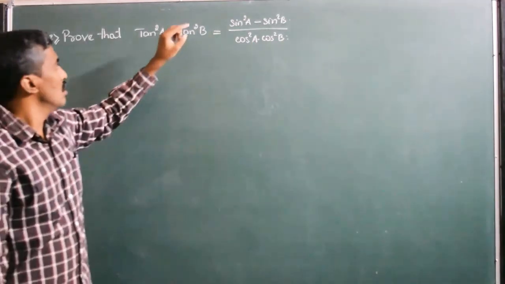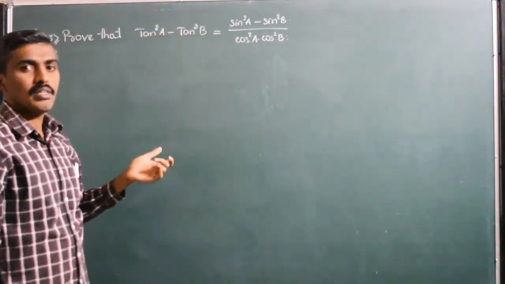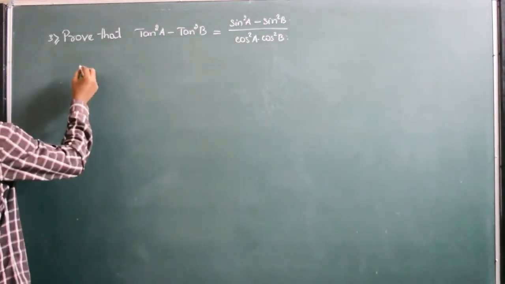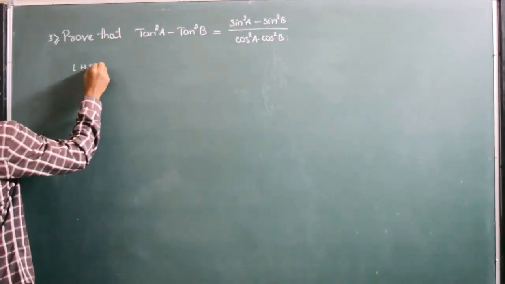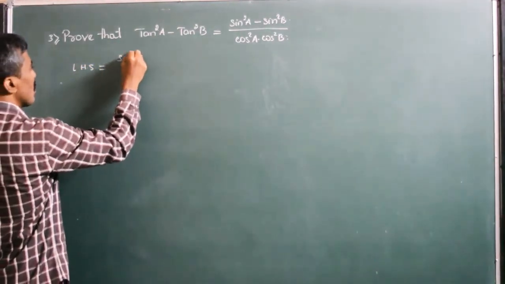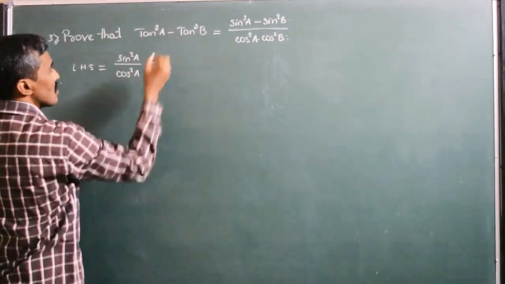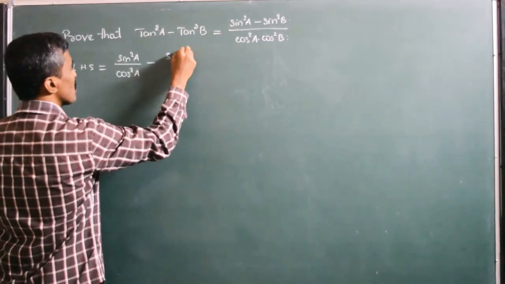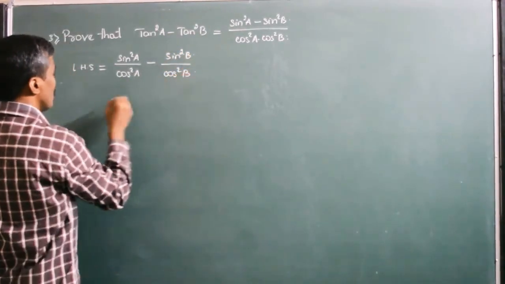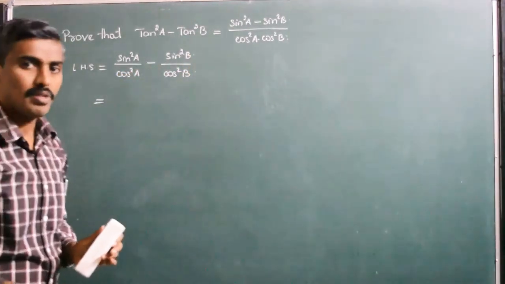So we will express tan square A and tan square B in the form of sin and cos. Take the left hand side. LHS is equal to tan square A, which can be written as sin square A divided by cos square A, minus tan square B as sin square B divided by cos square B. Between the fractions the operation is subtraction, and we know how to subtract.